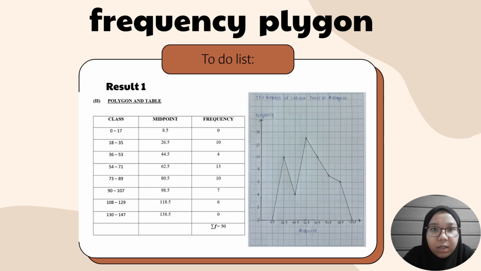For the fifth class the midpoint we get 80.5. For the sixth class the midpoint we get 98.5. For the seventh class the midpoint we get 180.5, and after we add the frequency 0, the midpoint we get 138.5.